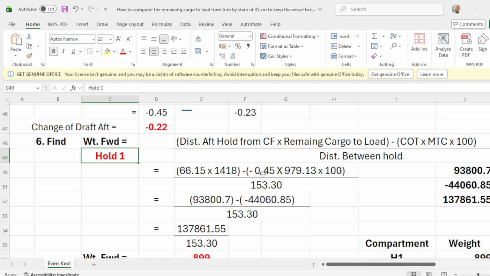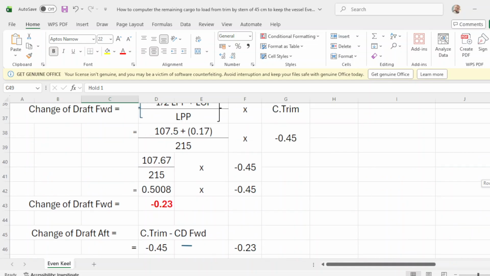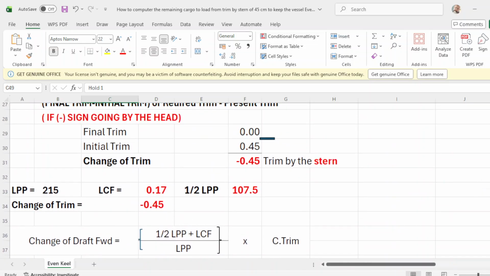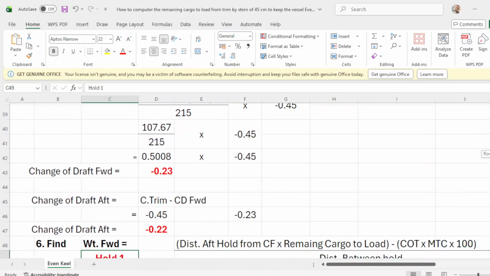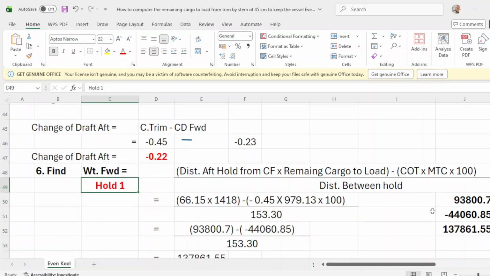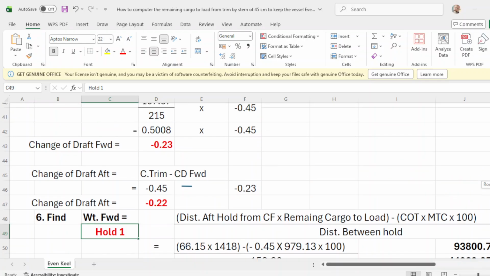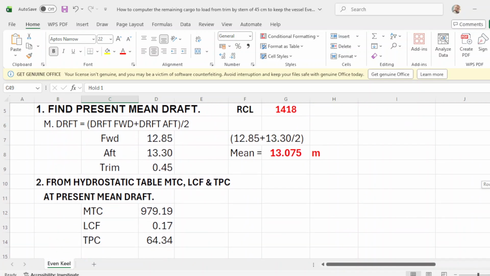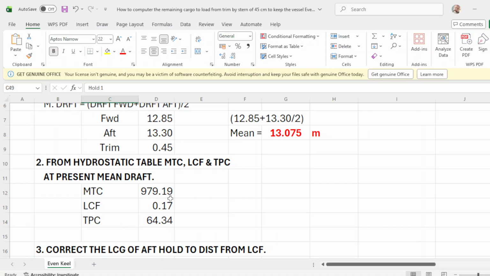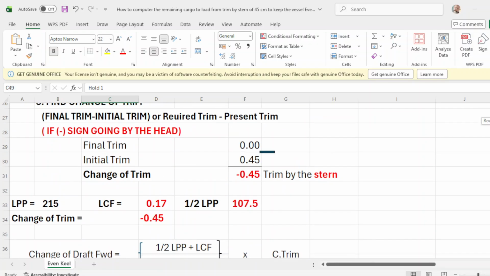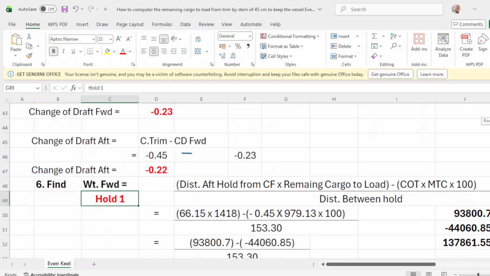Minus your change of trim, which is 45, times your MTC of 979.19.